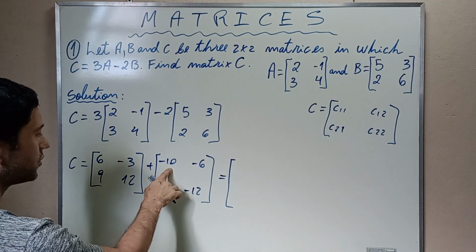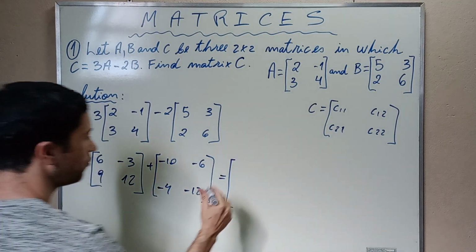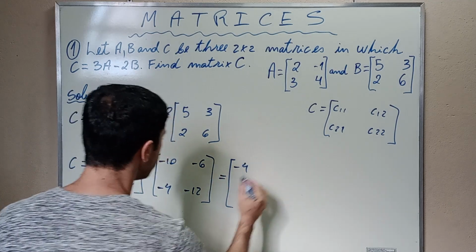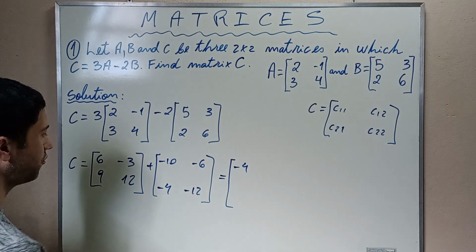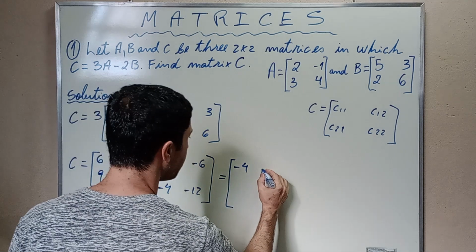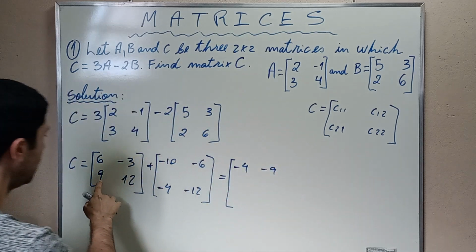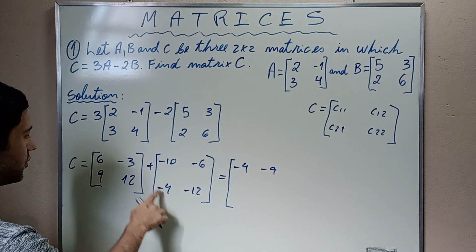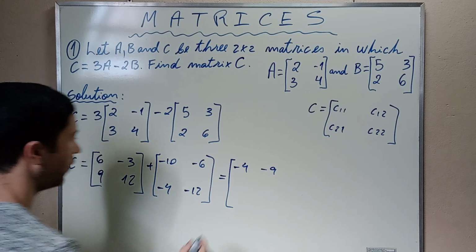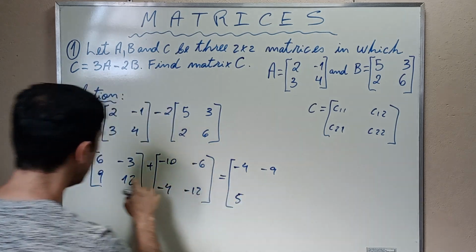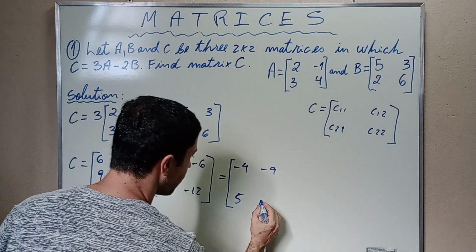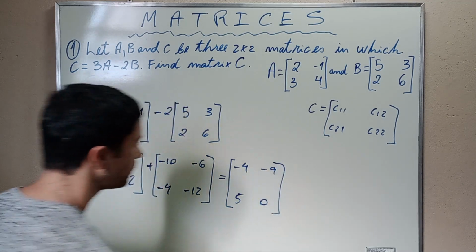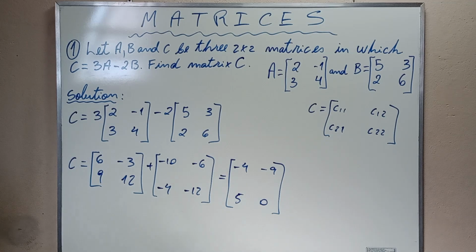Six plus negative 10 is negative 4. Negative 3 plus negative 6 is negative 9. 9 plus negative 4 is 5. 12 plus negative 12 is 0. Okay, my friends?